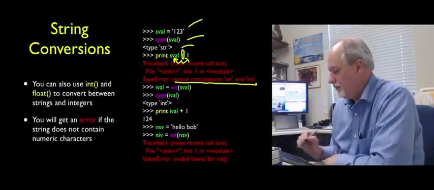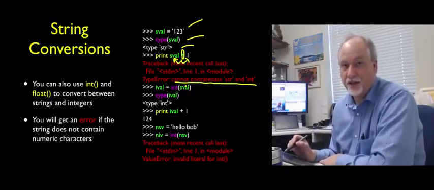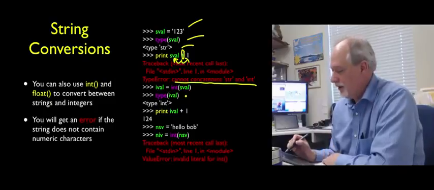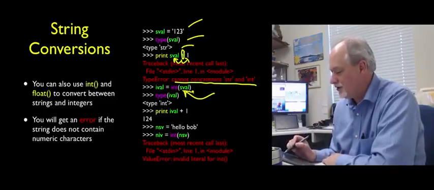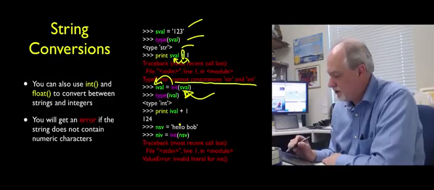Okay? But there is an int function that converts various things, including strings, to an integer. So we can give as its parameter, its input, the string value, then it converts it to an integer, and then we'll put the result in the variable ival. We can ask what the type of that is.